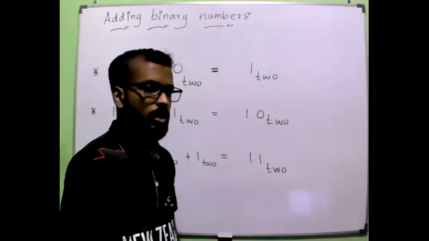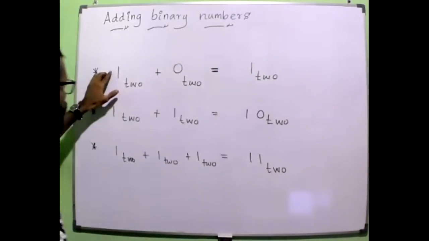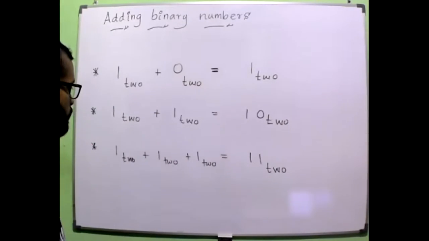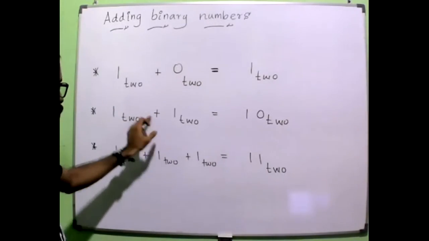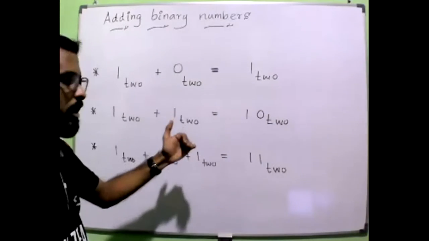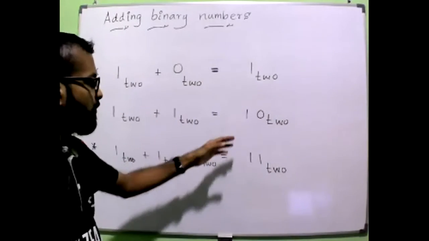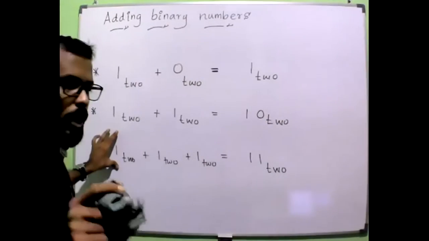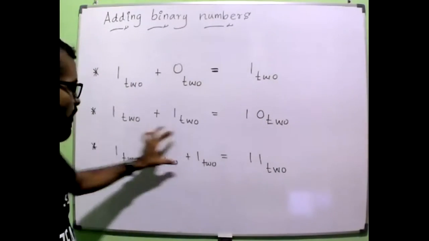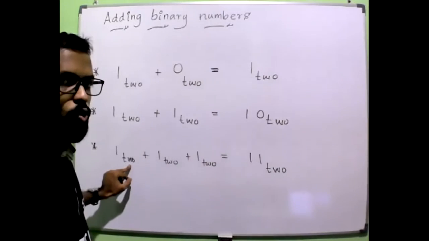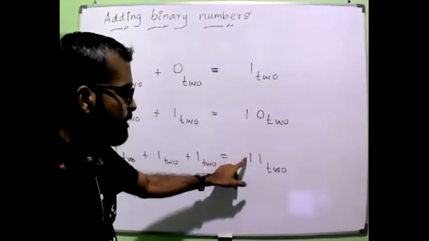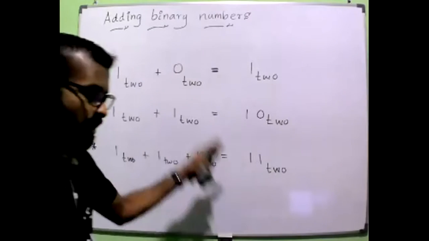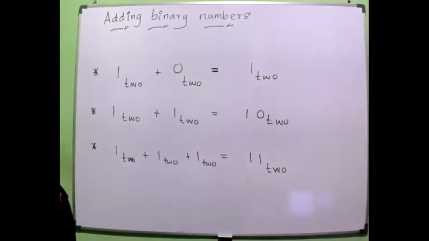So these are very important. 1 base 2 plus 0 base 2 is equal to 1 base 2. 1 base 2 plus 1 base 2, anywhere you see it, the answer is 1 0 base 2. If you have to add three ones together in binary, the answer is not 11 but 1 1 base 2. This is very important. Keep it in your mind.